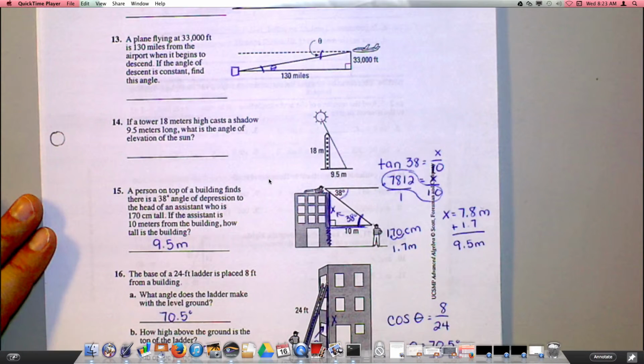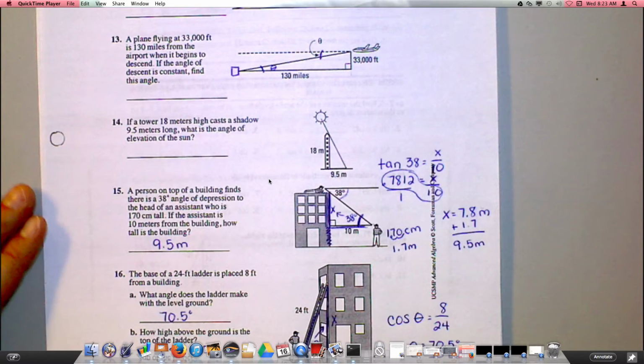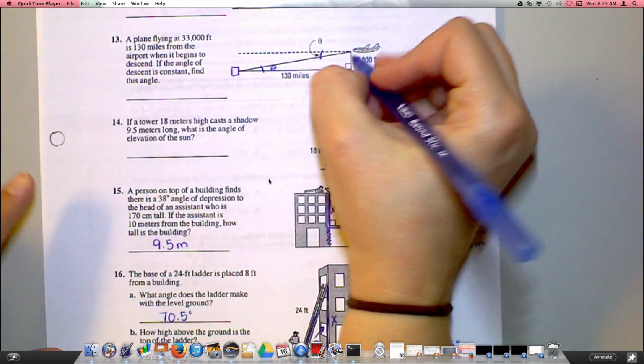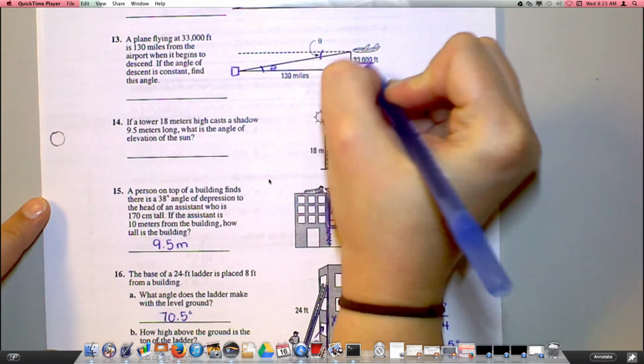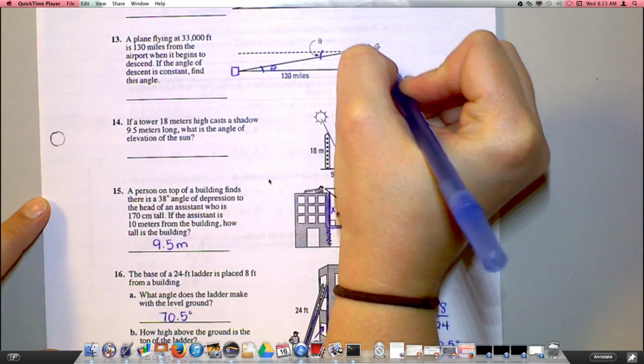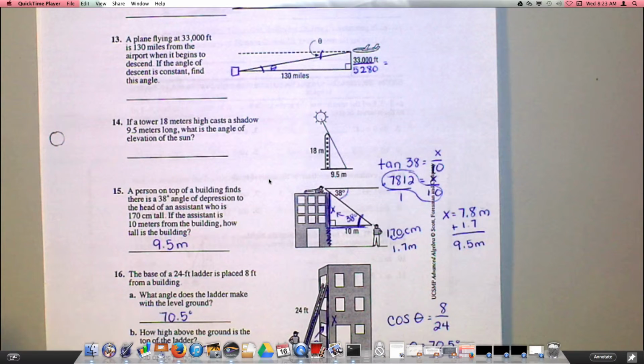And then which trig function do I want to use? Okay, I'm going to use tangent. Actually, I forgot something first, though. Yep, I need to convert either miles to feet or feet to miles. I'm going to take this one and divide by 5,280. So 33,000 divided by 5,280, 6.25.